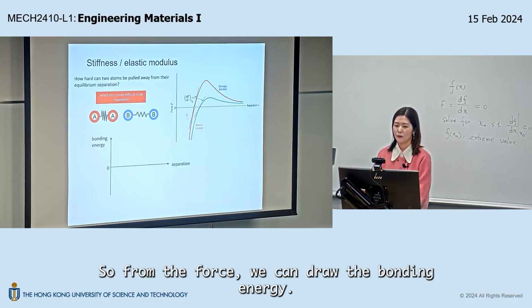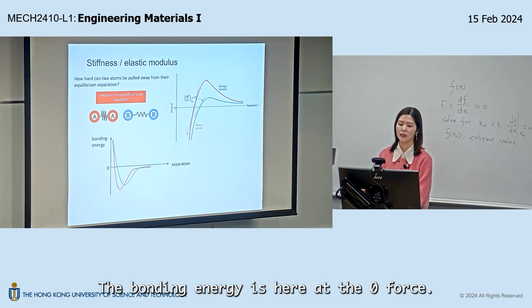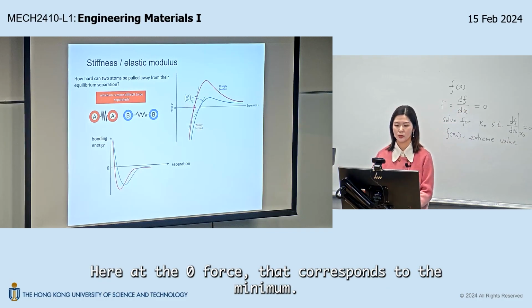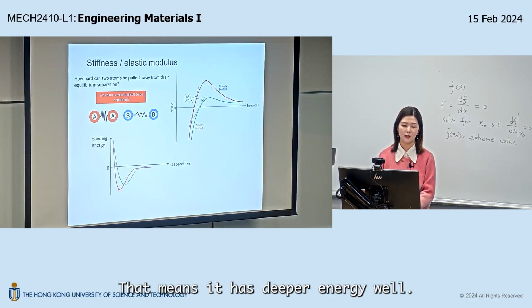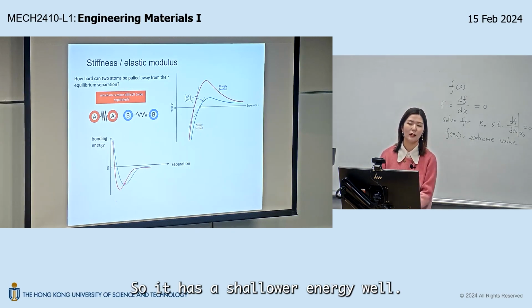Okay. So from the force, we can draw the bonding energy. So for this one, how do you draw the bonding energy? The bonding energy is here at the zero force. Here at the zero force, that corresponds to the minimum. And this minimum corresponds to the slope. Here the slope is higher. That means it has a deeper energy well. And this slope is not so steep, so it has a shallower energy well.